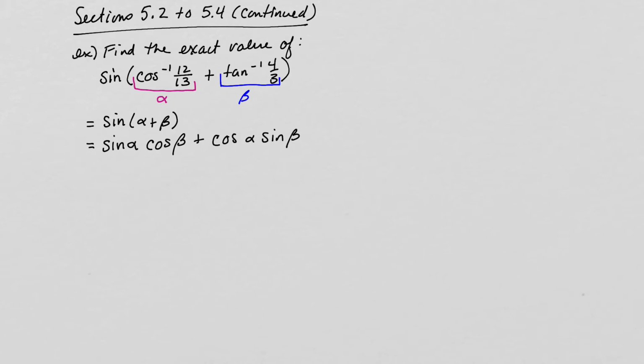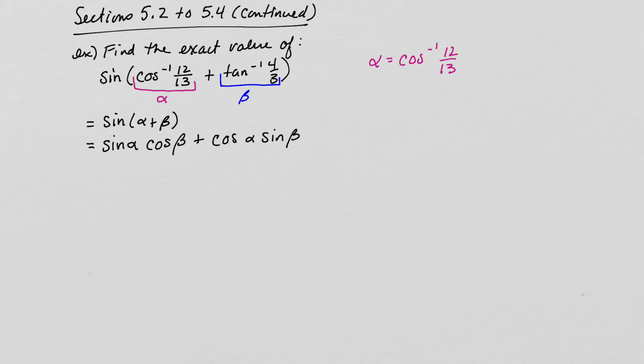I was given some information about alpha and beta. So from here, we're going to look at each one of these cases. We're saying that alpha is equal to the inverse cosine of 12 over 13. If you remember back to when we did the inverse trig functions, we could rewrite this.